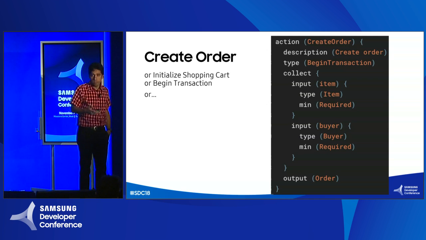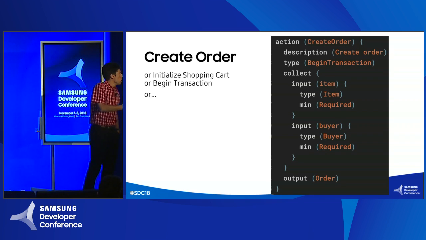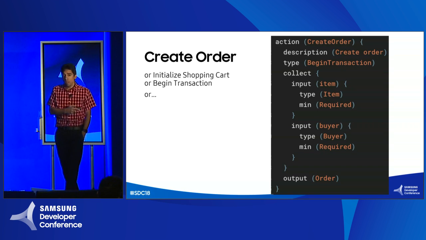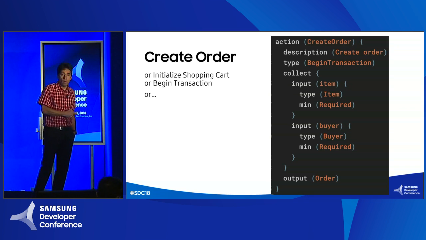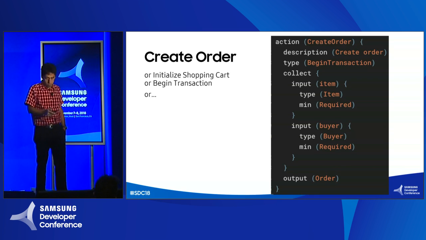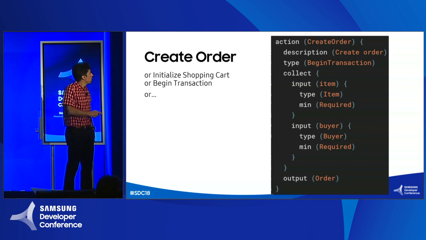It just tracks the state of a transaction. The output is the order, that's basically the same as the shopping cart. The inputs are the item that the user wants to buy, and I also added buyer information. You might need it for billing purposes. So I got it there.